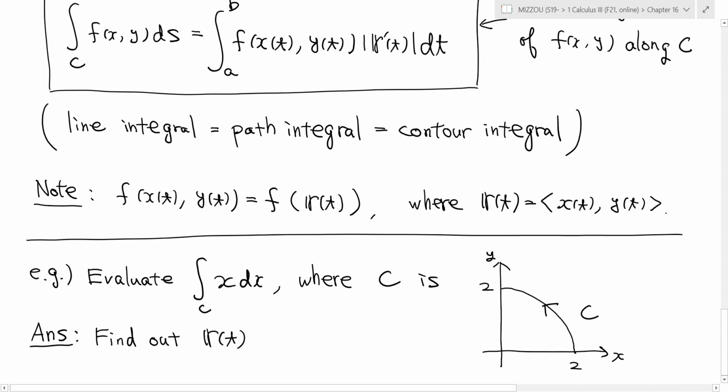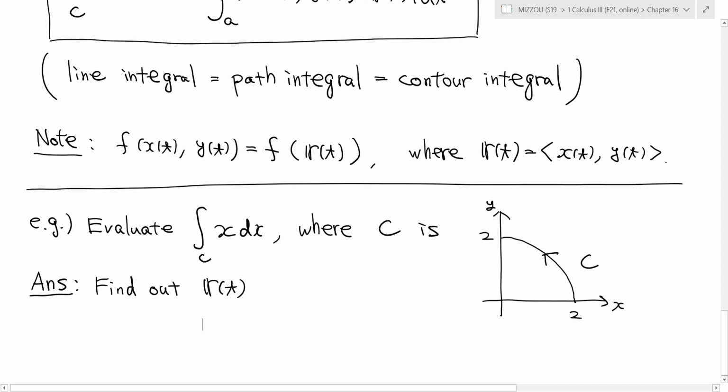Depending on the problem, r of t may be given, but like this problem, it might not be. Namely, you have to parameterize this curve C.